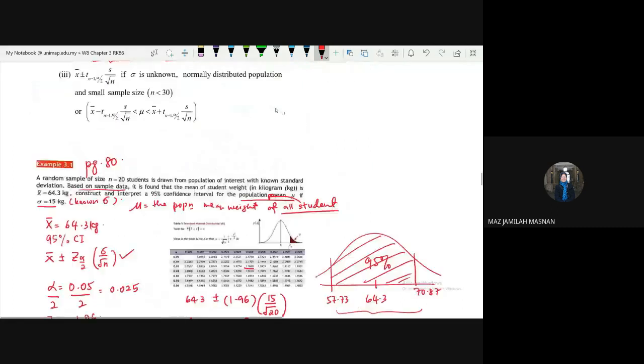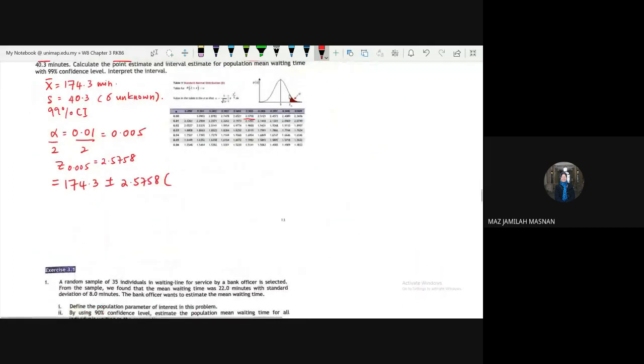So you will have 40.3 divided by square root 30. So you will get 174.3 plus minus your margin of error is 18.95.